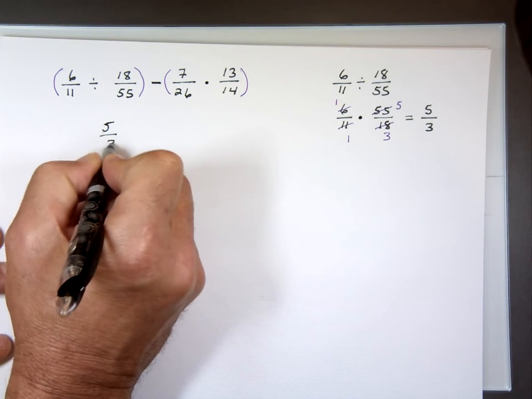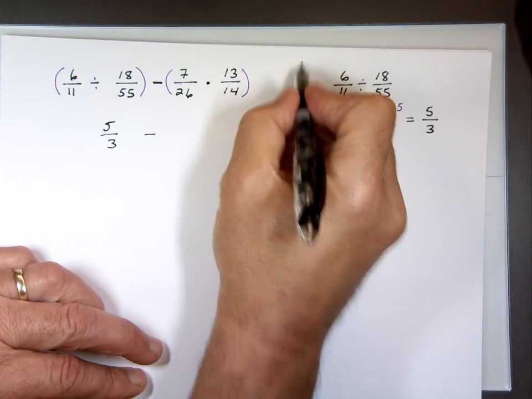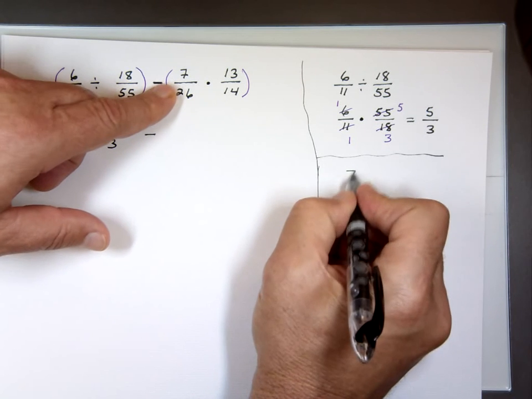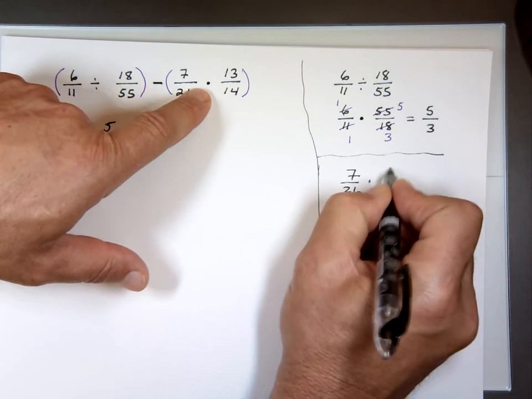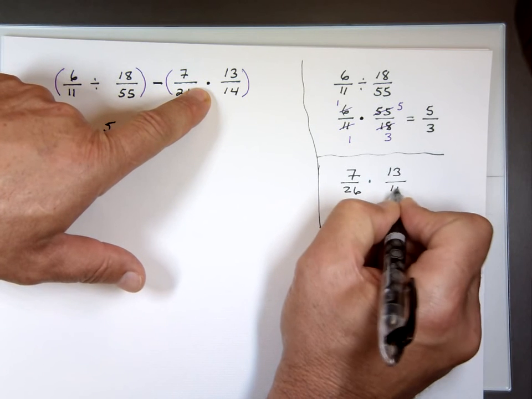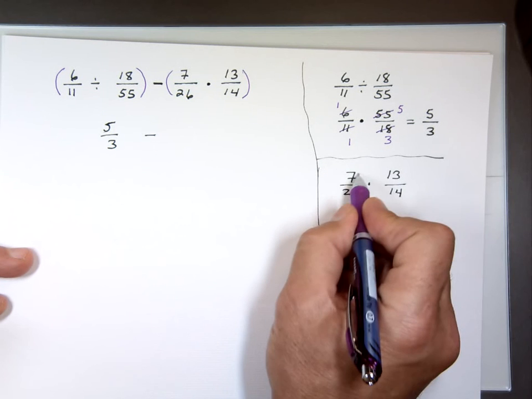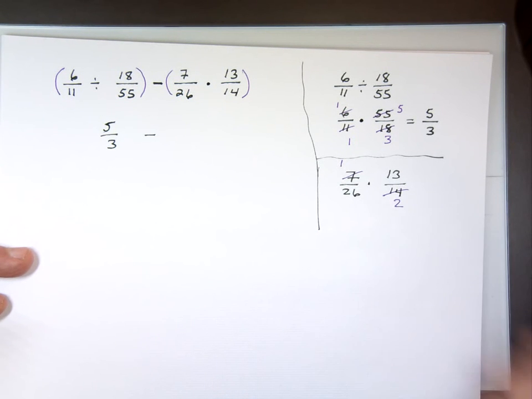There's the minus sign. So again, let me go to the side, and let me do now 7 over 26 times 13 over 14. By 7 this is 1. By 7 this is what? 2. By 13 this is 1.